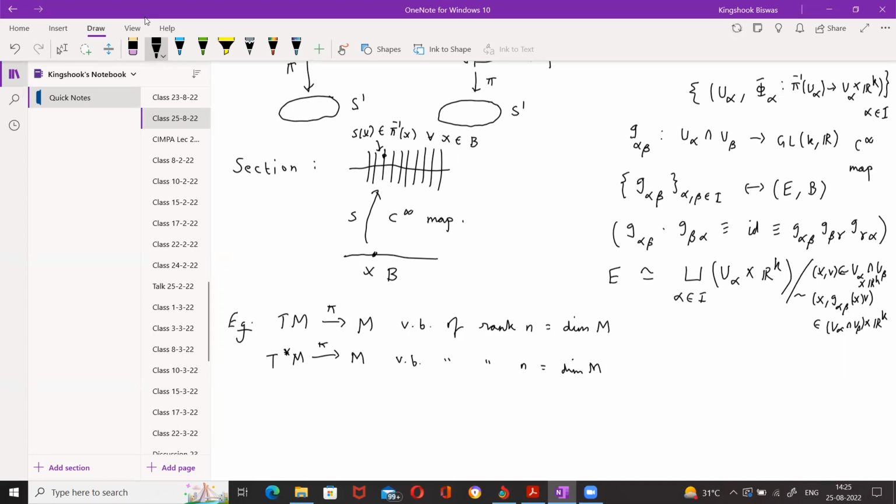And what is a section of the tangent bundle? A smooth vector field. So sections are just vector fields. And now a section of the cotangent bundle will be called a one form.